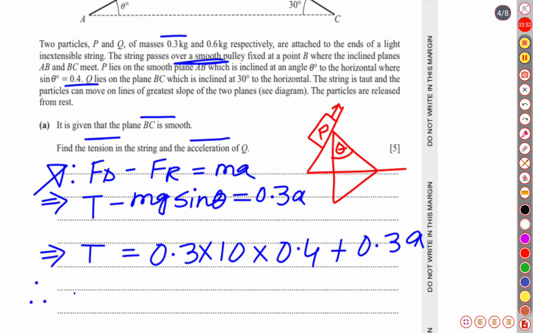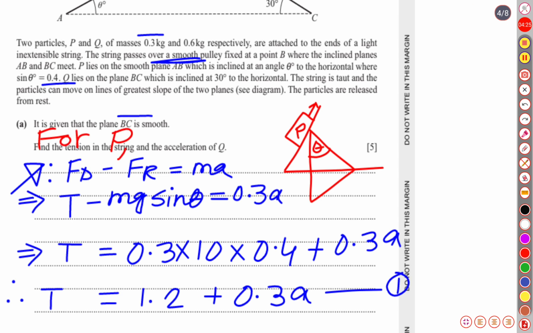Hence our tension is going to be 1.2 plus 0.3a. Okay, we may leave this as equation number 1, as we know that there will be two simultaneous equations because two values should be obtained simultaneously. This is for P.